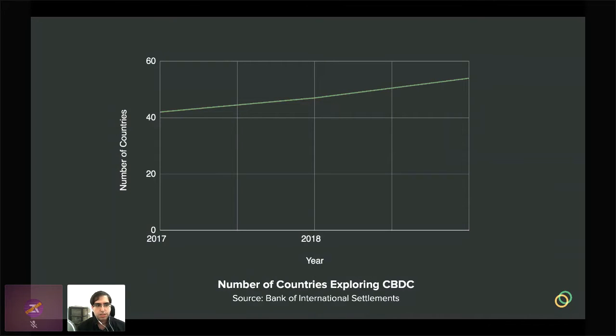Another point to make is that there is a growing interest in something called CBDCs, central bank digital currencies. These are currencies that are run by countries, and they're going to use private blockchains. If we want them to be actually useful in the world, we need for them to communicate with other chains. For example, you would want them to communicate with the Ethereum blockchain and somehow be able to transfer currency from here to there.